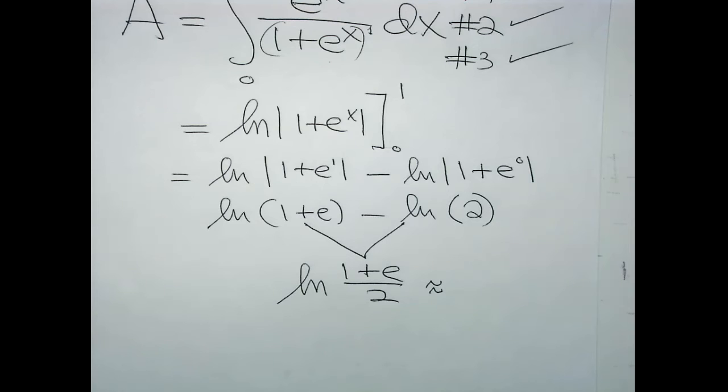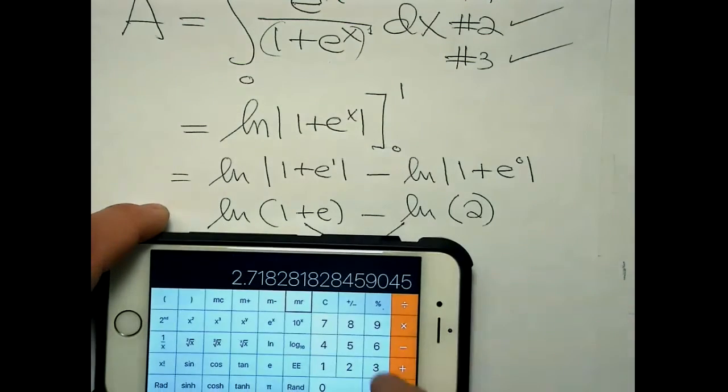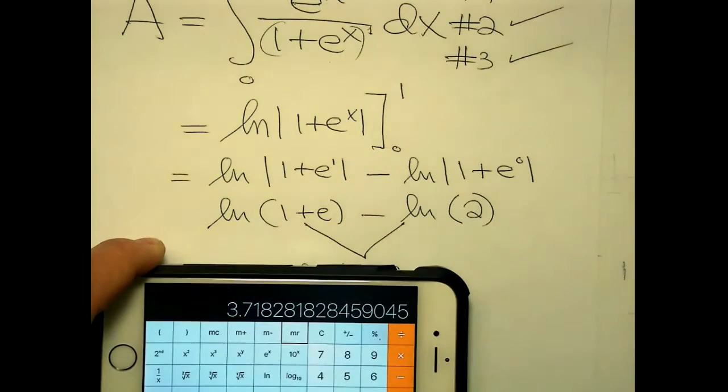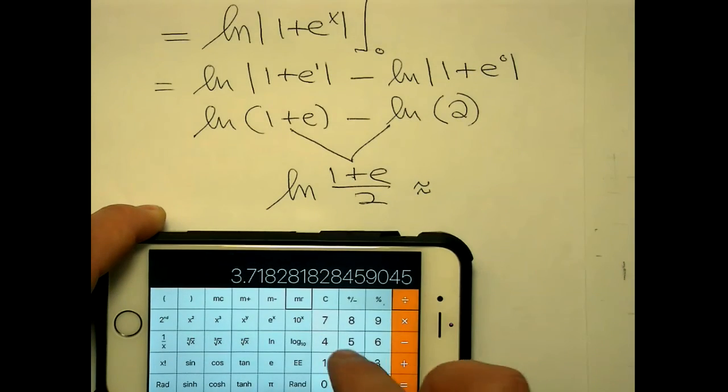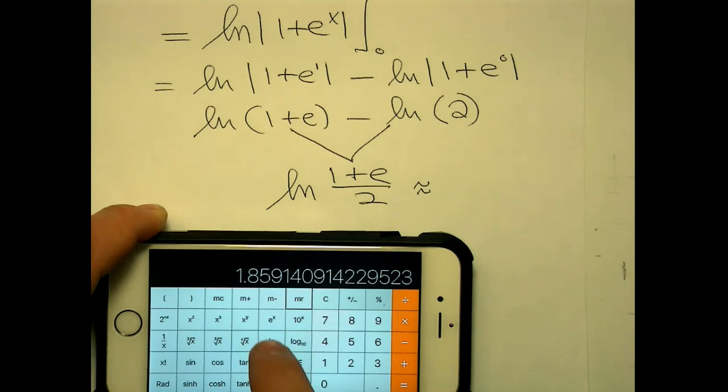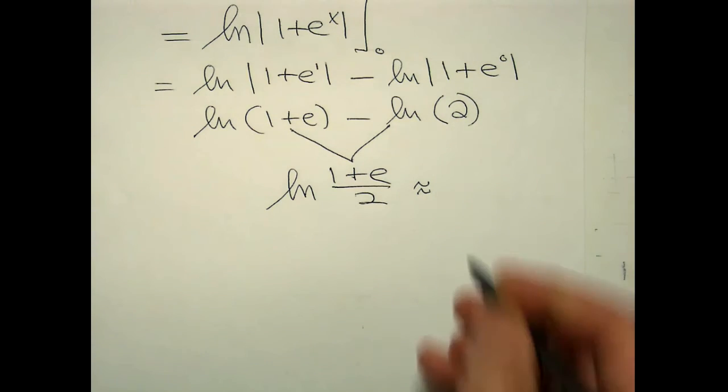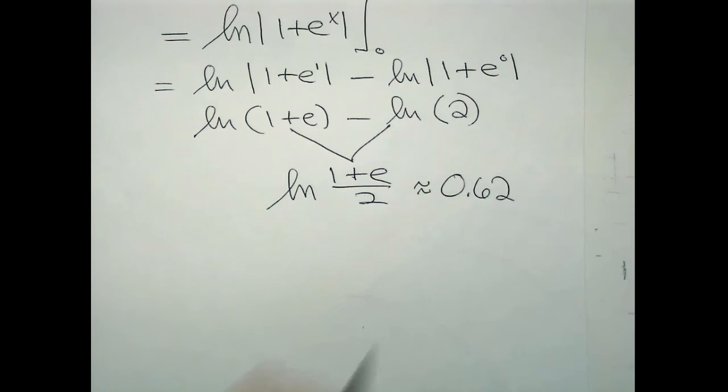I'm trying to get e to the x. All right, so there's e. Let's add 1 to that. That's 1 plus e. Next step would be divide by 2. So I'll divide that by 2. And the last thing is take the natural log of that, 0.620. So this is approximately equal to 0.62, and that's the area beneath that curve.